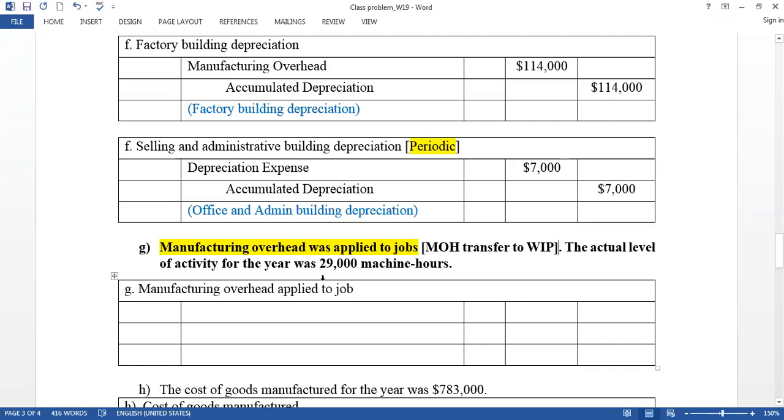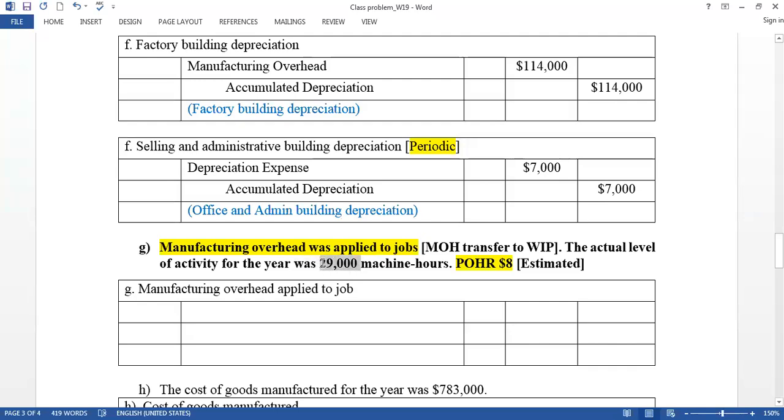The question said that the total machine hours are 29,000, and we know the predetermined rate is $8. We already calculated it. Predetermined overhead rate is $8, and this part is the estimated part. We estimated a rate and we find that we use 29 hours.